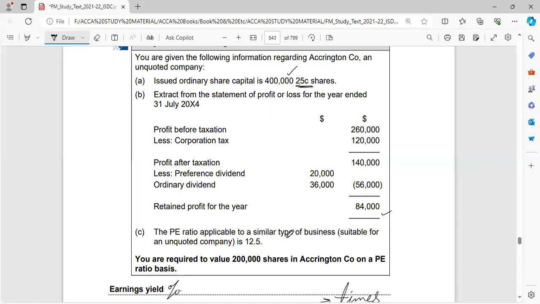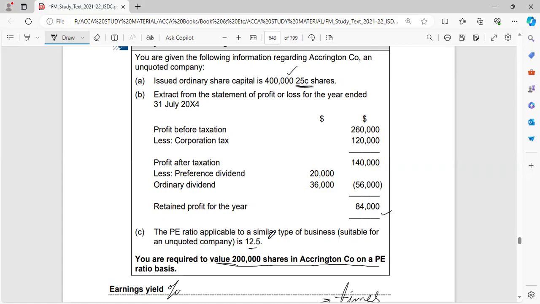The P/E ratio applicable to a similar type of business suitable for an unquoted company is given. You are required to calculate the value of 200,000 shares in the company on a P/E ratio basis.